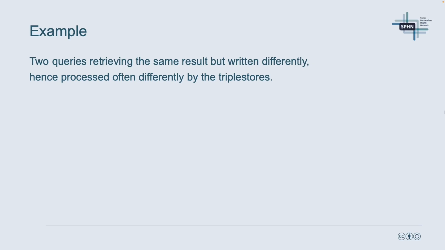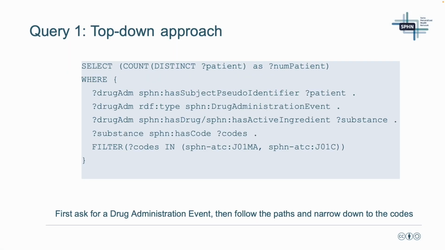We will now see 2 examples of queries which are actually retrieving the same result but are written differently, and therefore they are most likely processed differently by the triple stores and have different performances. So in the first query, we applied this top-down approach.